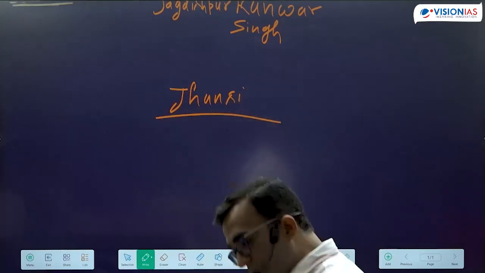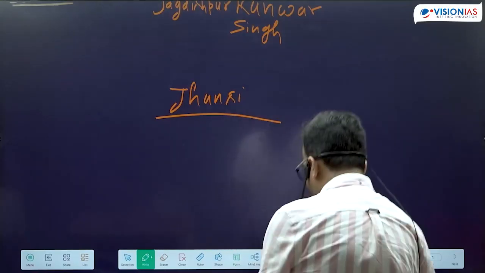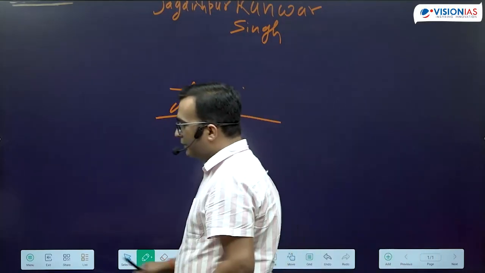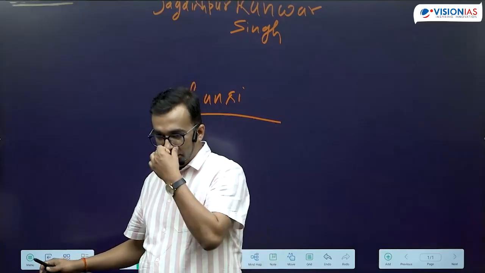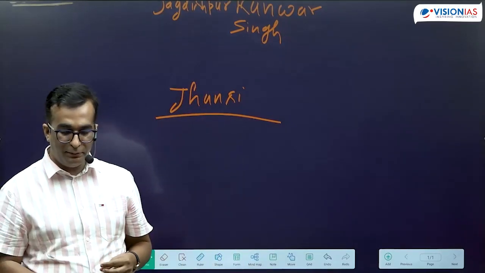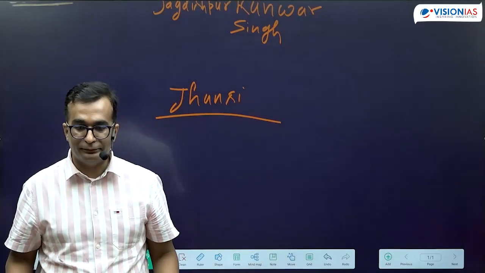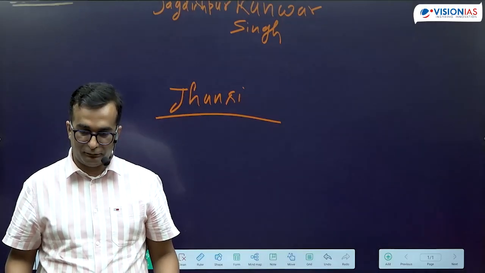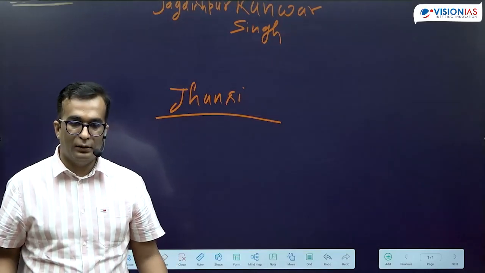So mention further what you have written. Rani Lakshmi Bai was originally known as Manikarnika. She was born in a Marathi Brahmin family at Kasi. Full stop.